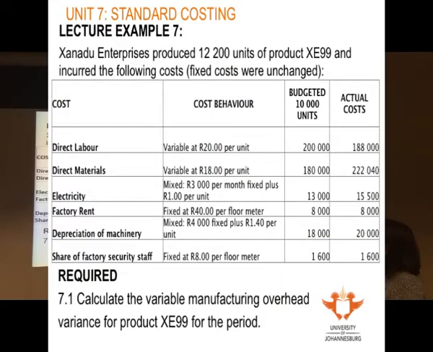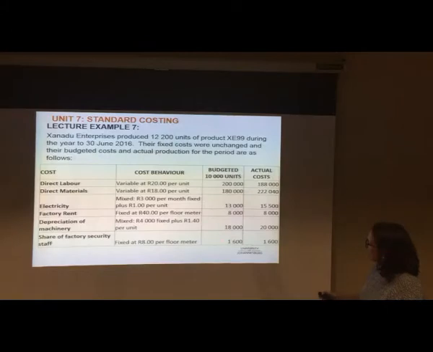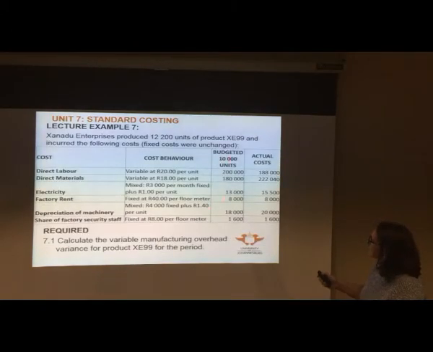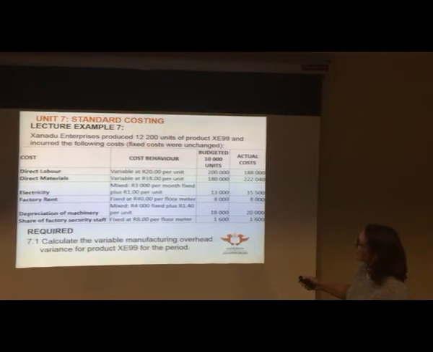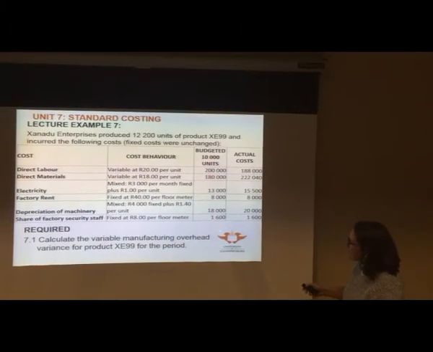What we're going to do here is flex the budget. That is the budget of 10,000. Enterprise produced 12,200. So the first thing we have to do is flex it to 12,200. This is what it was for 10,000 units, and we need to flex it to 12,200 meters. We're using the same space, so that's going to stay the same.